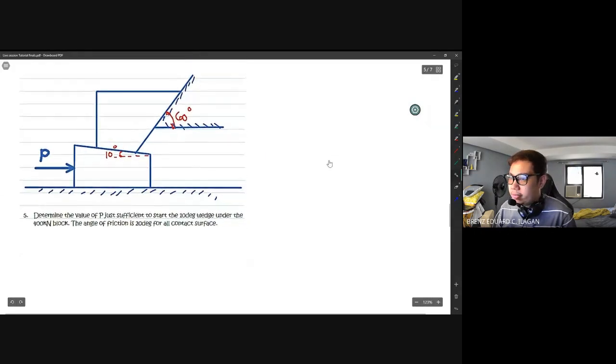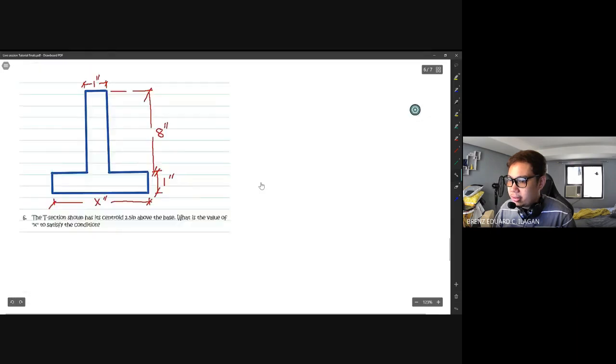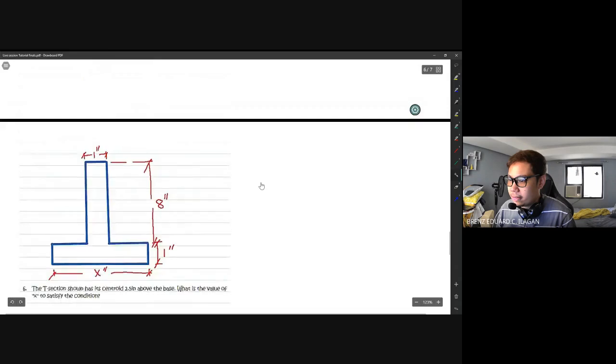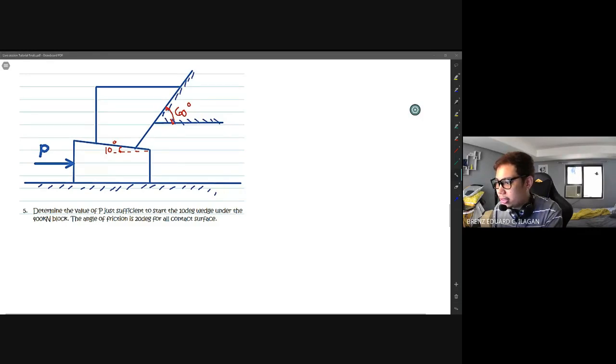Ayan. So wedges problem. So solve natin to or kaya nyo na? Para at least ma-solve natin tong last to pa kasi ito eh. Moment of inertia at saka centroids. Sige, para din naman may ma-practice kayo.